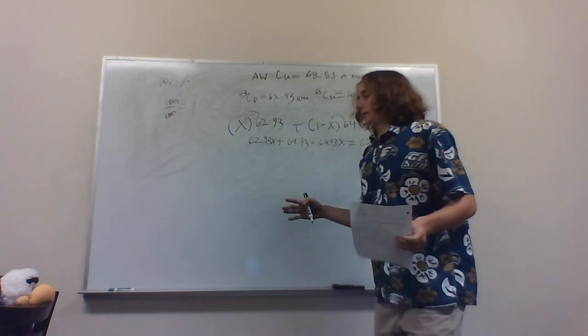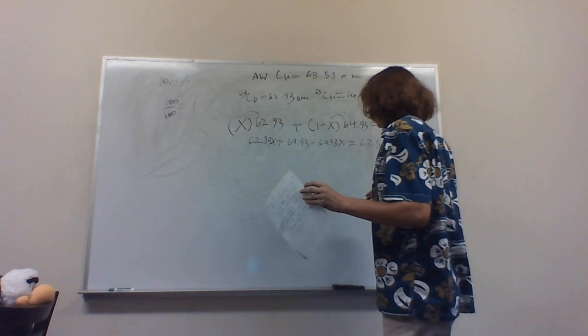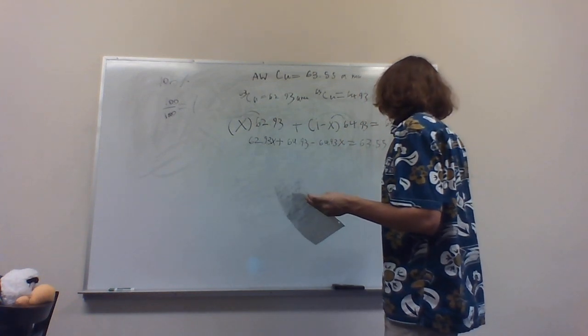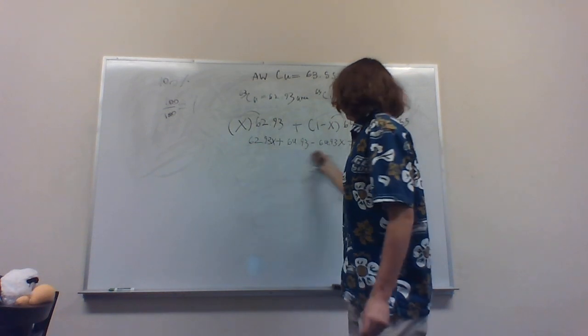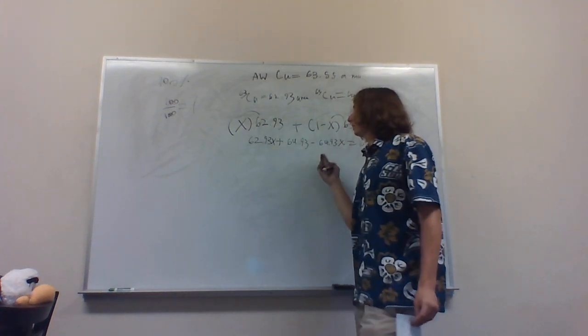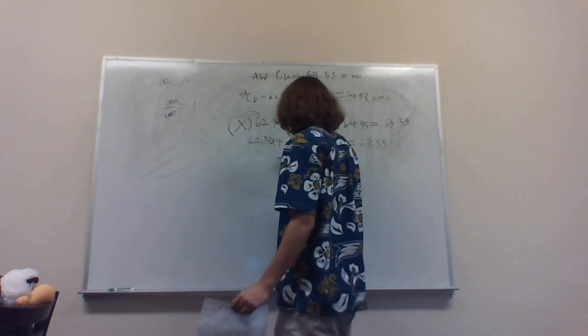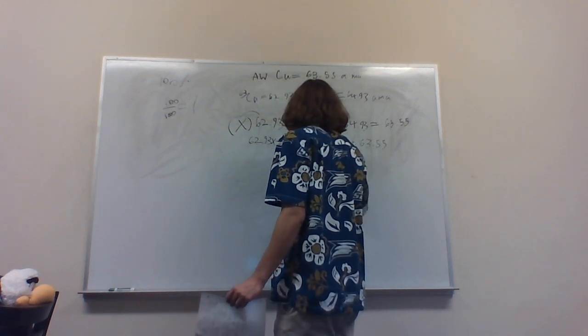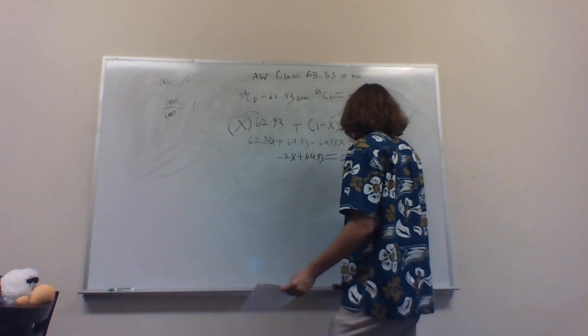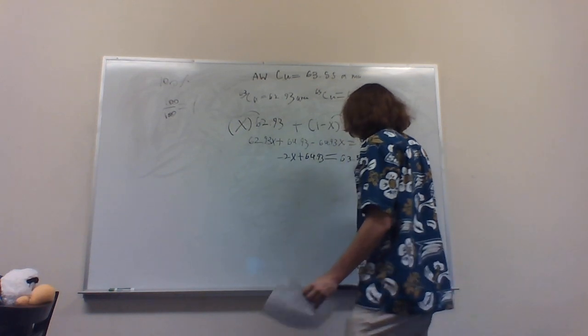Now we're going to solve for x. How do we do that? Our first step is to combine like terms. So 62.93x and negative 64.93x go together, and this gives us negative 2x plus 64.93 is equal to 63.55, right guys?